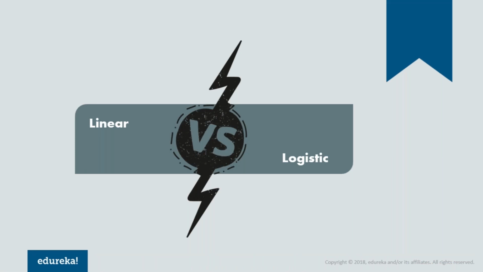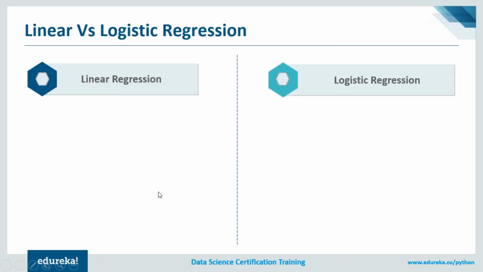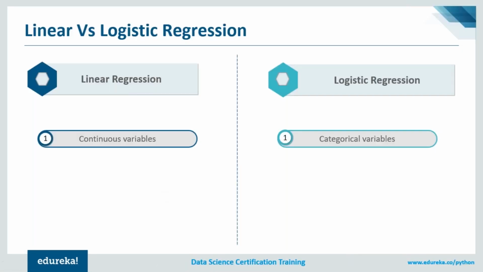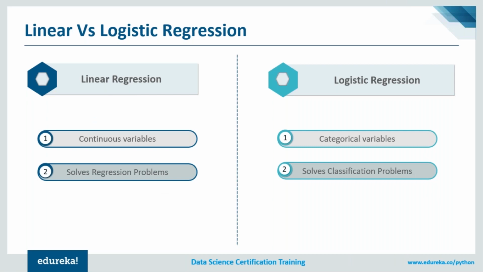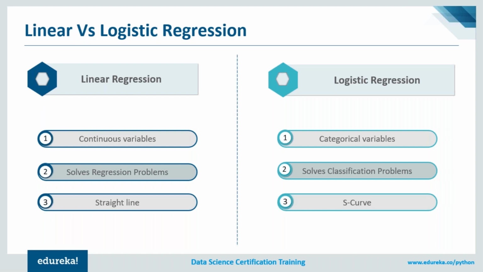So if this is logistic, let's see at a very high level how logistic and linear are different. In linear we get continuous variables, while in logistic we get categorical variables. Linear regression tries to solve regression problems, while logistic tries to solve classification problems because it is 0 or 1.